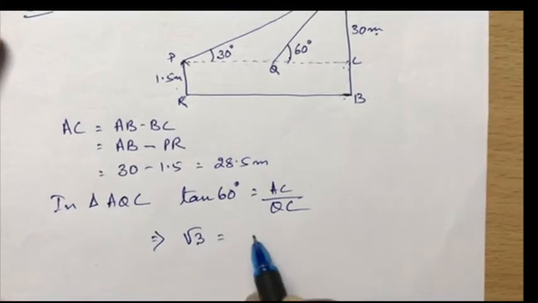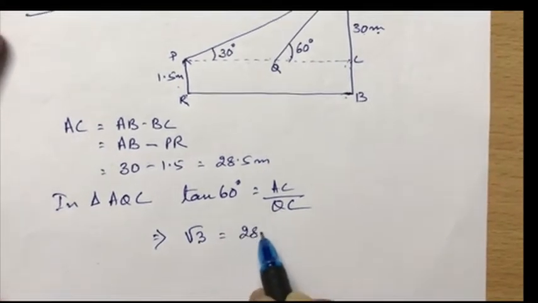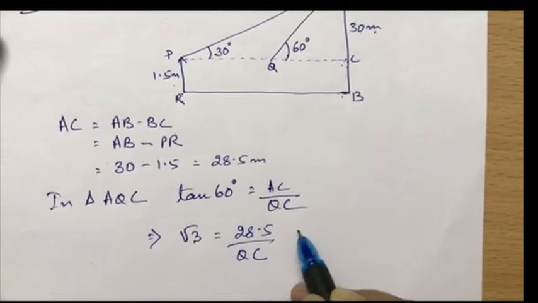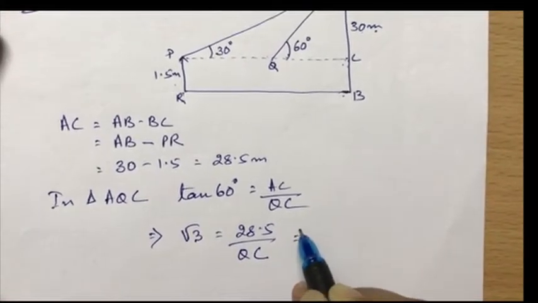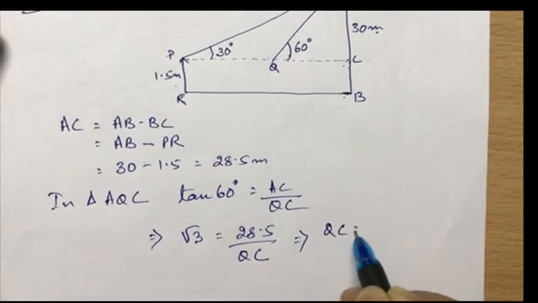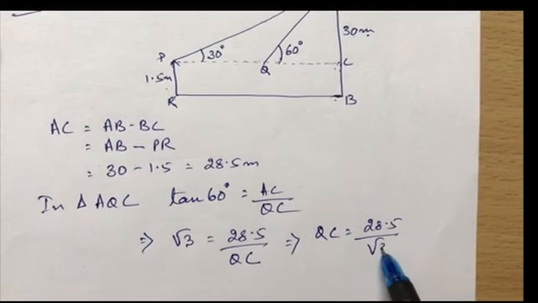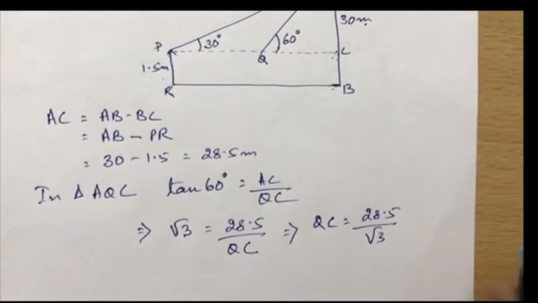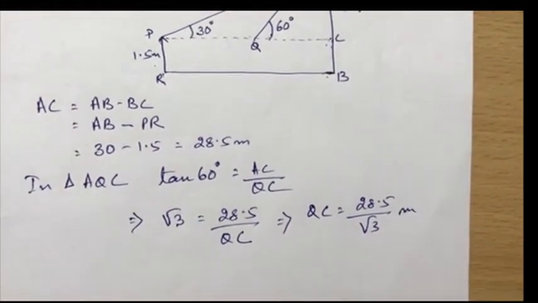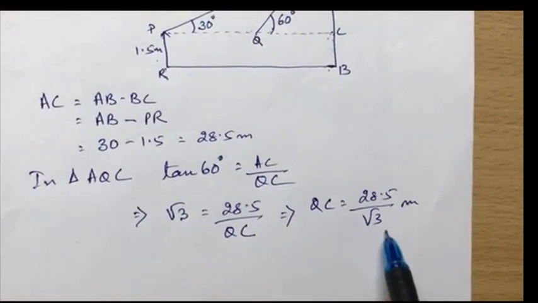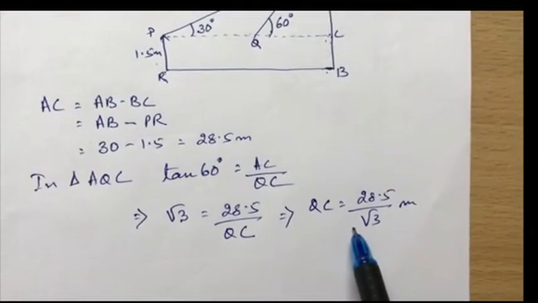So this AC is 28.5 by QC, or I can write this as QC is equal to 28.5 by root 3. Let us leave it like that. This is not the final answer, so I am not removing the irrational number here.